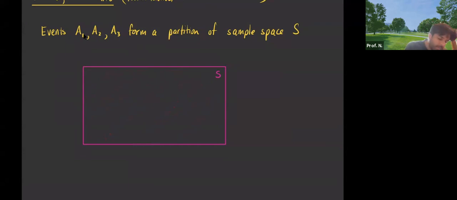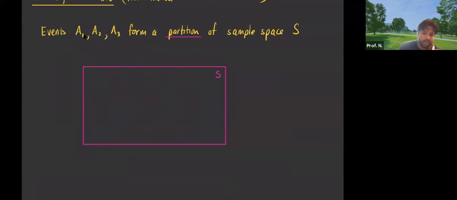Now, does anybody remember what that means to partition a sample space? What does that mean? When you partition a sample space, or when you partition this region, what would that mean? So mutually exclusive, right?